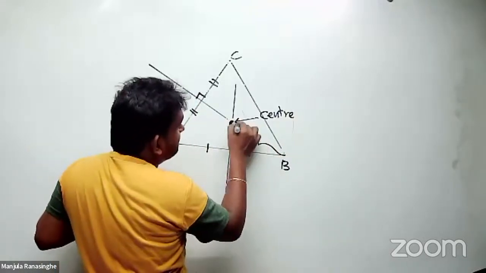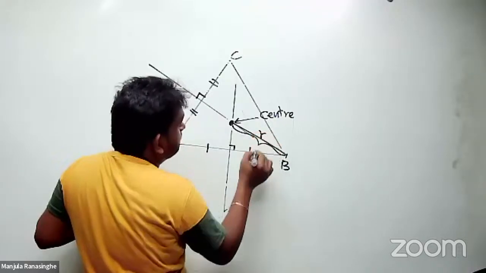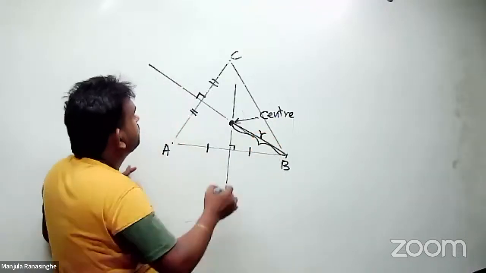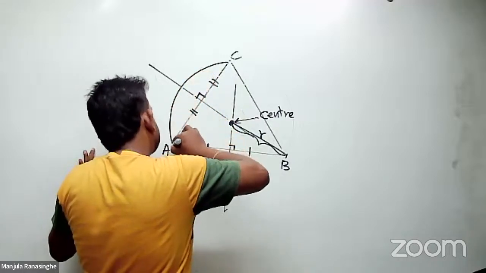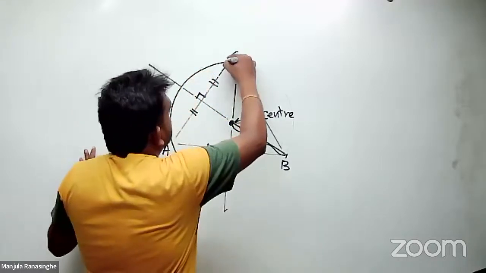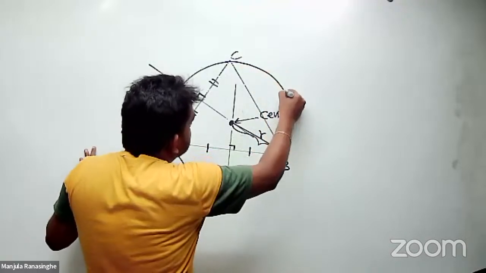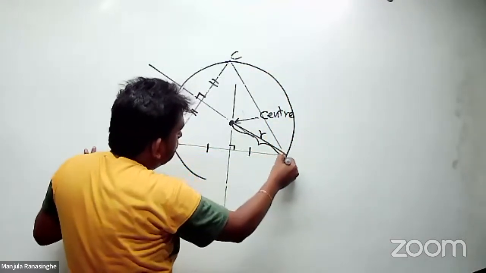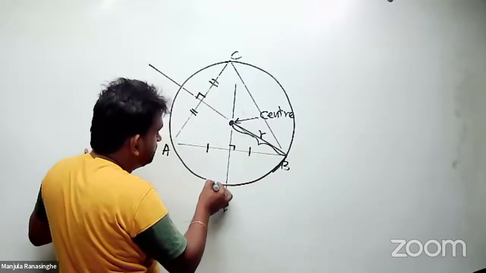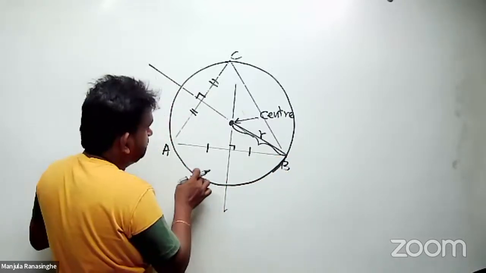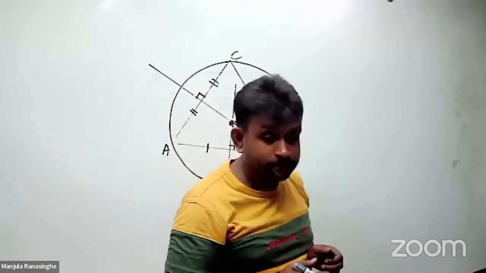This distance is taken as the radius R. So you can see here, this is the circle we have drawn. I am bolding the line which it actually passed through. This is the circle we have taken.